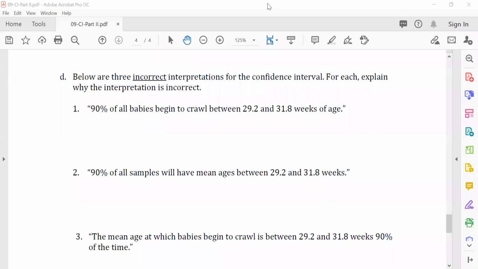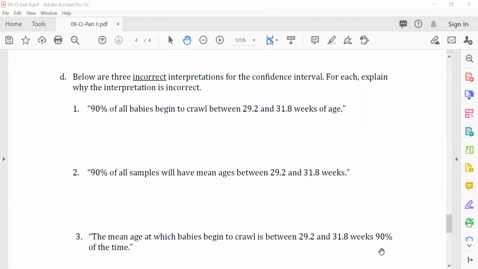Our confidence interval is about the mean age at which a baby will start to crawl, so it doesn't talk about individual babies. That's correct. Like I've mentioned, the confidence interval is talking about the procedure. It's not talking about individuals.